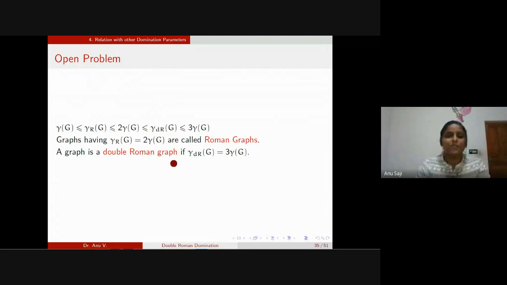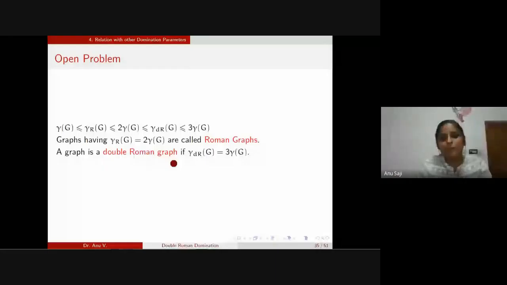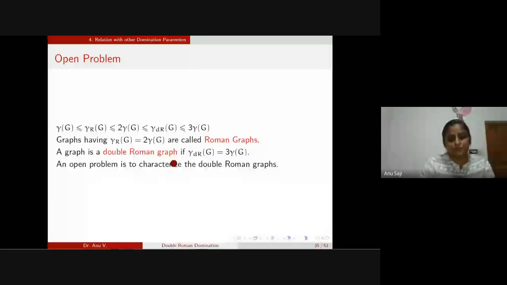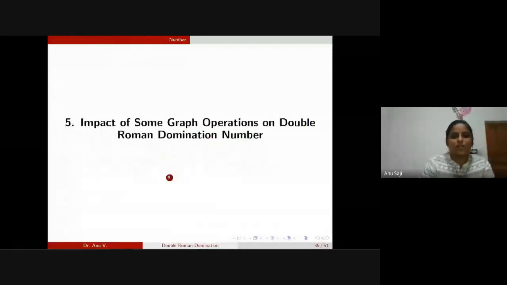A paper got published in which they characterized a special class of generalized graphs: it will be a double Roman graph if and only if k is a multiple of 3 or k is equal to 1 or 4. But the general problem is still an open problem.